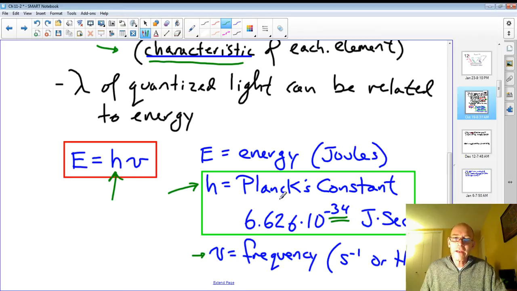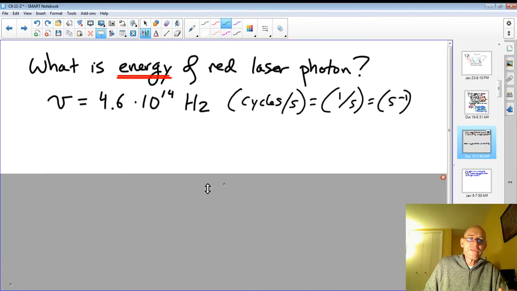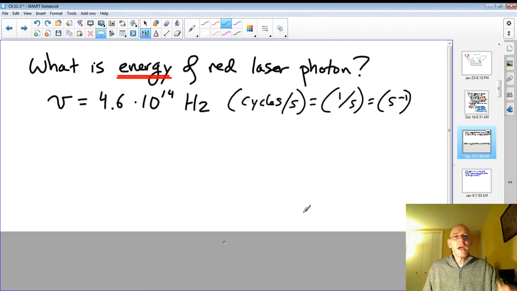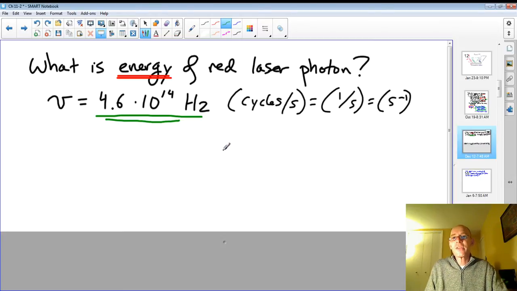Anything smaller than that will not interact with an electron. So here's an example. Remember, we did the red laser photon calculation where we calculated the frequency. And if you did that calculation, I know we didn't do it in this video, but we should have gotten an answer of 4.6 times 10 to the 14th hertz.